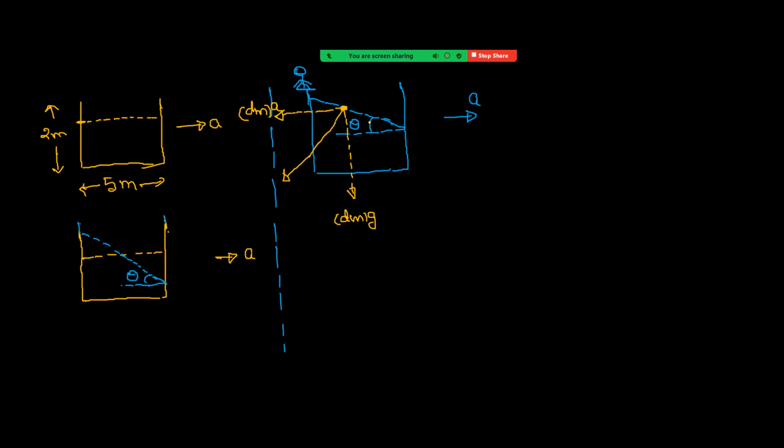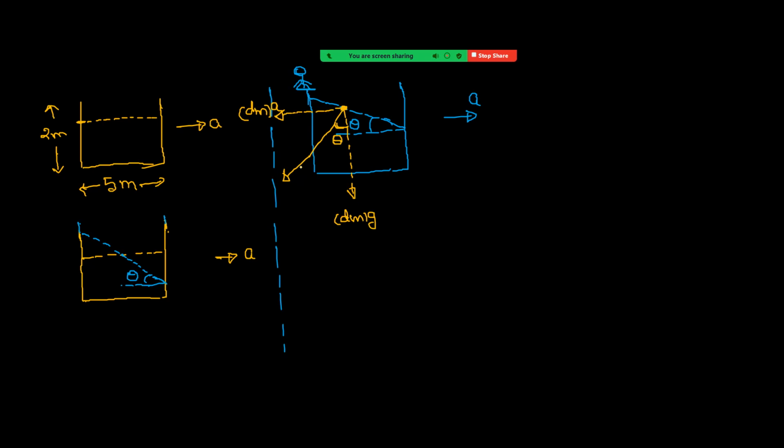That means if this angle is theta, this is also the same angle. You can see here, this is normal to the horizontal, and this is normal to this free surface. Therefore, between the normals it is the same angle, right? Now this is one vector and this is one more vector. This is now the resultant of those two vectors.